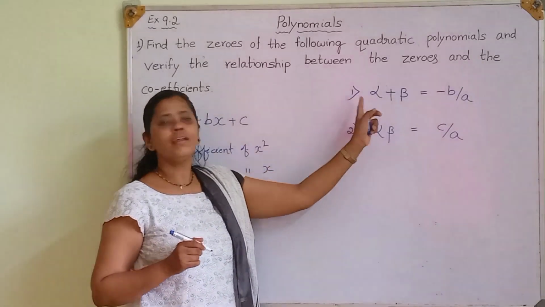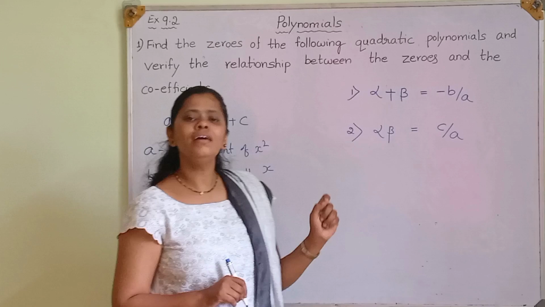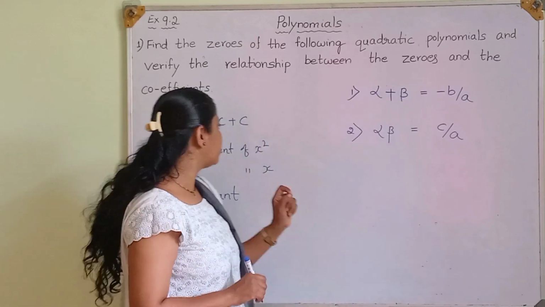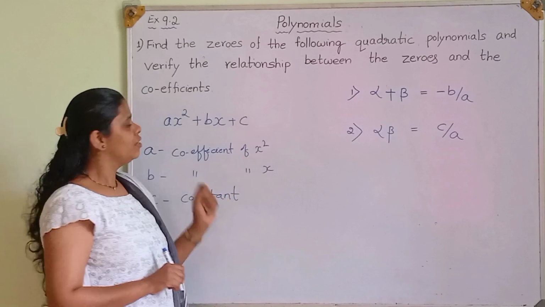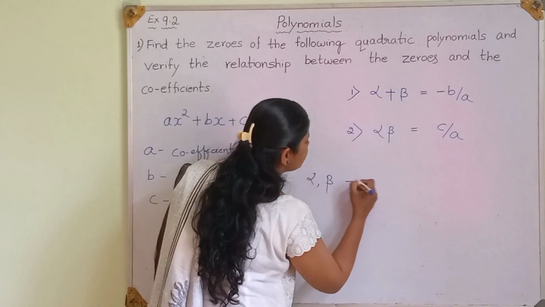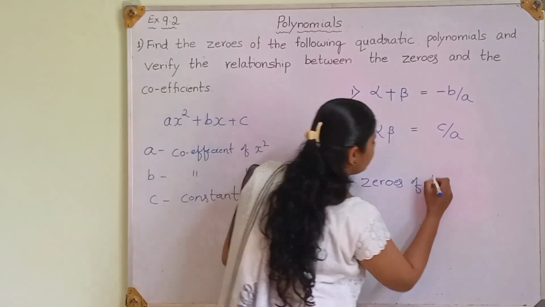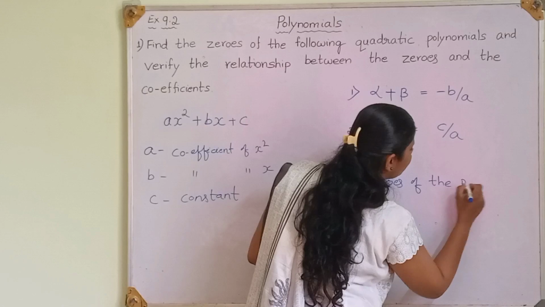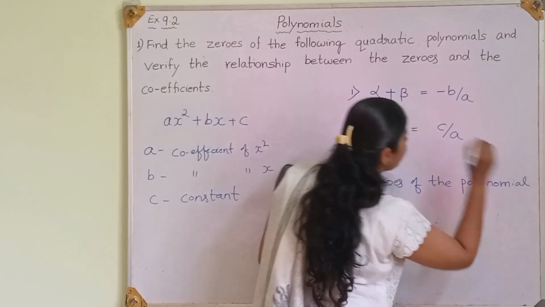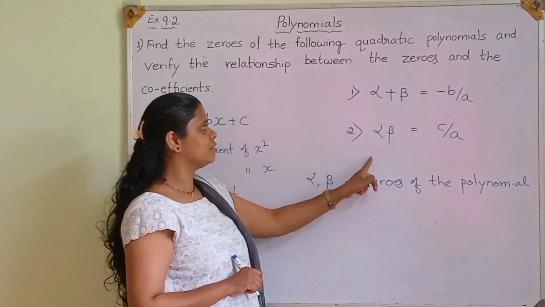But we don't know what alpha and beta are. See here, alpha and beta are the zeros of the polynomial of the quadratic equation. What is the meaning of these equations?